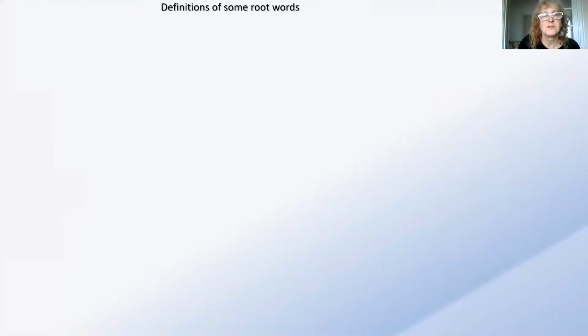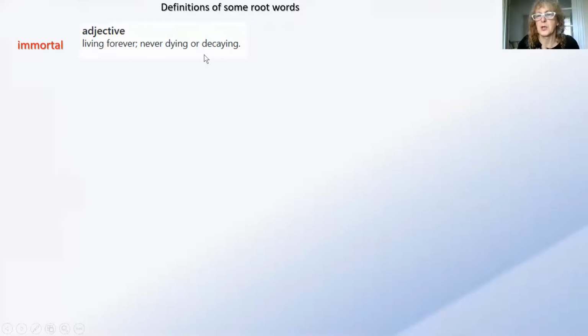Let's look at some of the definitions of the root words and when the prefixes are added. Immortal, immortal. And this is straight from the dictionary. Adjective, living forever, never dying or decaying, which means going rotten. So if it's immortal, it will last forever.